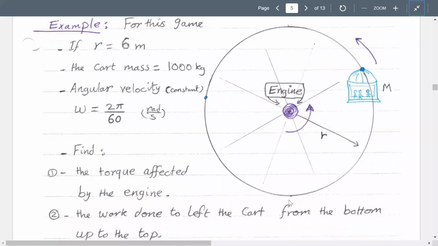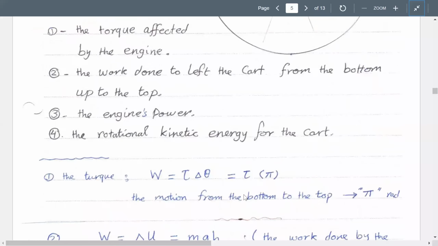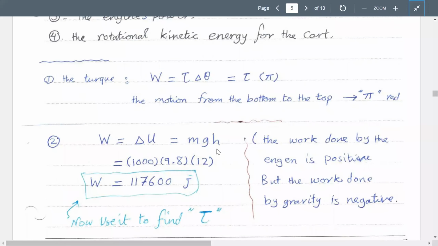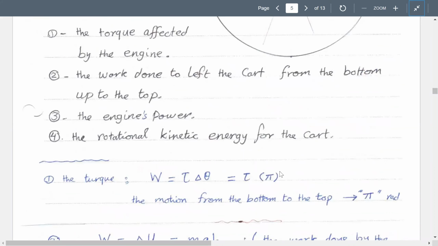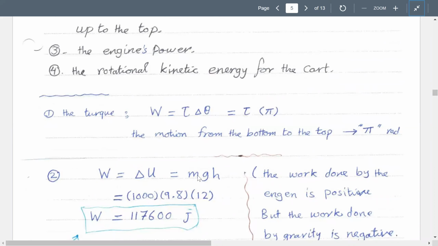At this point, the potential energy is mgh. H at this point is 0. H at this point is equal to 12. So the change from here to here is a potential energy, and we need to do work to give our mass that potential energy. So the work should be equal to mgh.